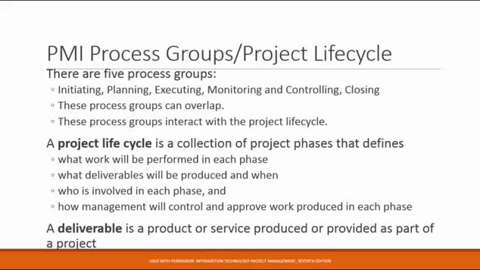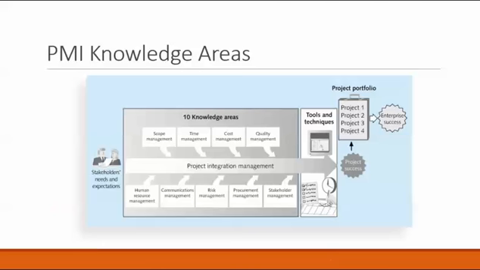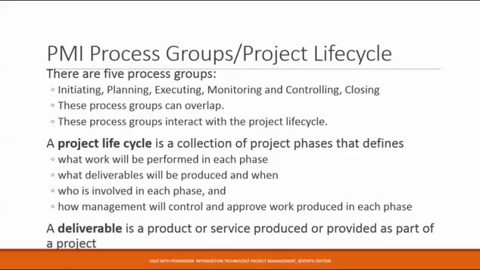Now, the PMI's 5 process groups include initiating, planning, executing, monitoring and controlling, and then closing. These knowledge areas may have actions or activities that are put into play across all of these different process groups.